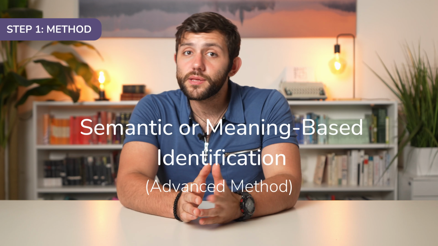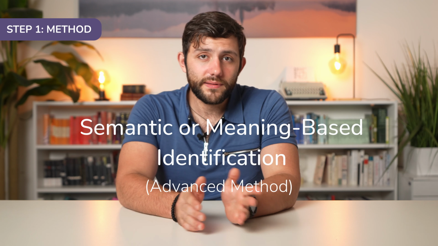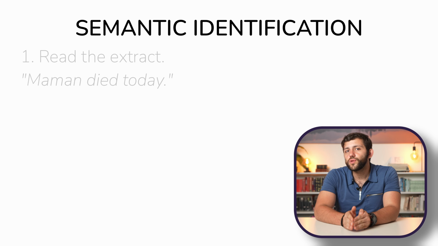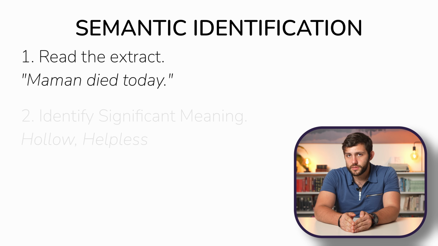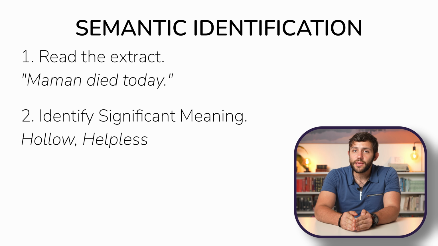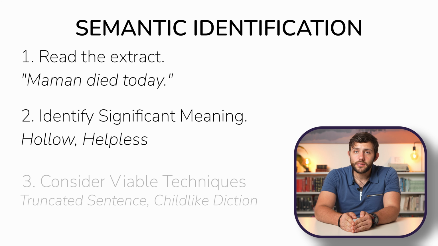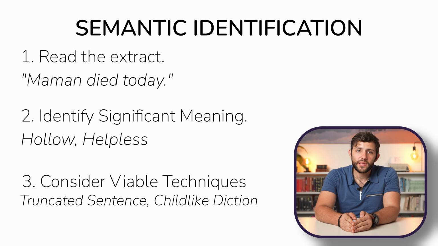By meaning is the more advanced method for identifying and recognizing techniques. This is the better option. If method 1 is about scanning for techniques, then this method is the reverse. You read the sentence first, try to figure out the key meaning, and then work backwards to identify what techniques can create that meaning.